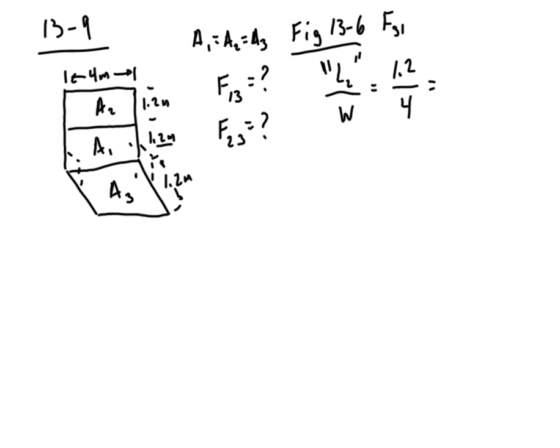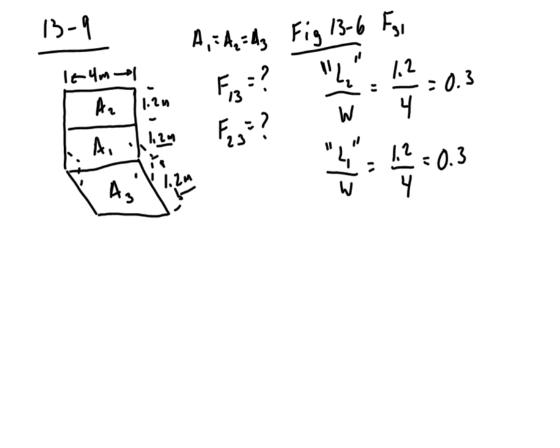So we'll find that this ratio is just equal to 0.3. And then our L1 in quotes over W is really going to equal what L3 is in our figure, which is 1.2 divided by W, which is still 4. So this is also equal to 0.3.